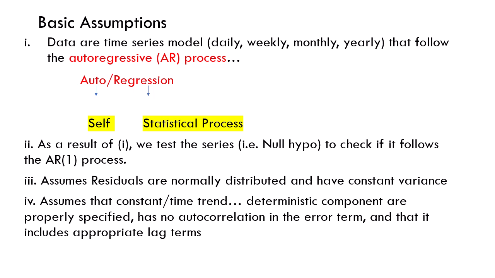So in that way, recall from the data shown earlier, this has to be followed. So again, one of the basic assumptions is that as a result of this auto-regressive process, we have to test the presence of that in the data set to check if it actually follows this process.